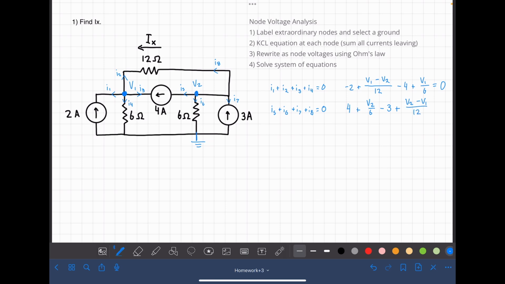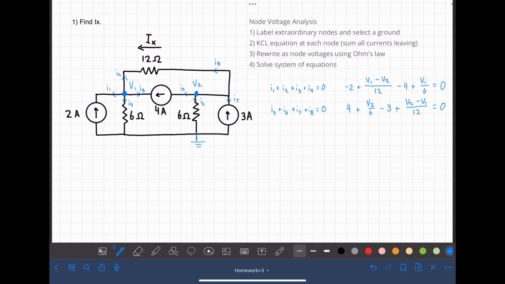All that equals 0. The final step of this process is to solve this system of equations, because as we see here, we have two variables, V1 and V2, in both these equations, and we have two equations. That means it can be solved.